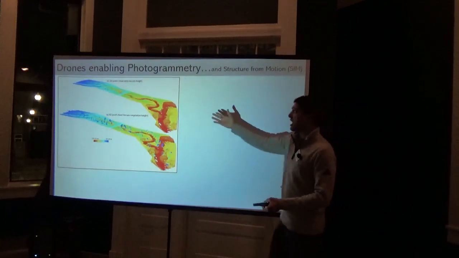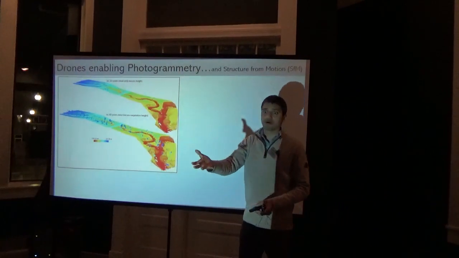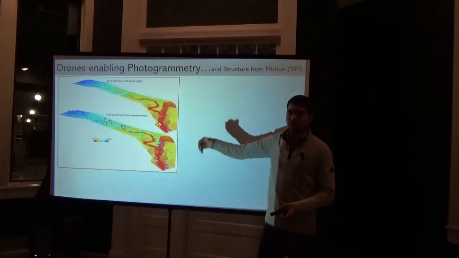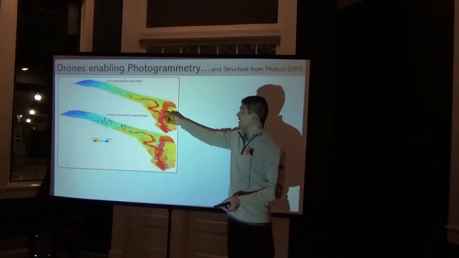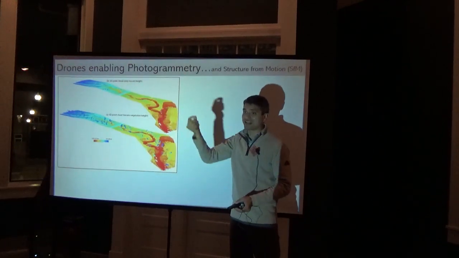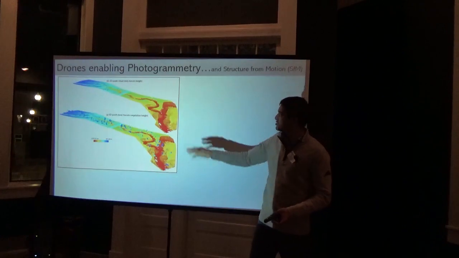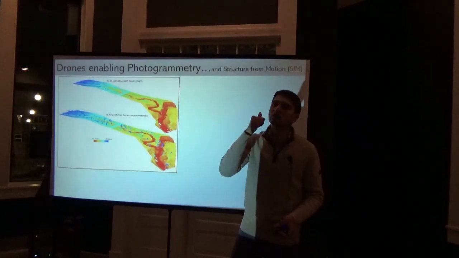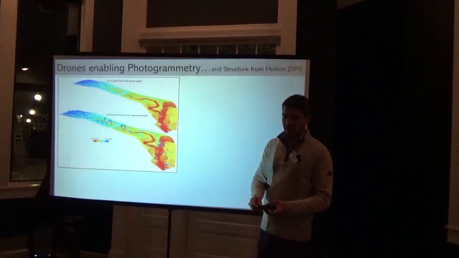Now this is a product which could be used if you do that multi-temporally, every year, every 6 months. On this product, this is a 3D, every pixel has a height, right? So where the stream is eroding, where it's depositing, you can calculate that with very high accuracy.